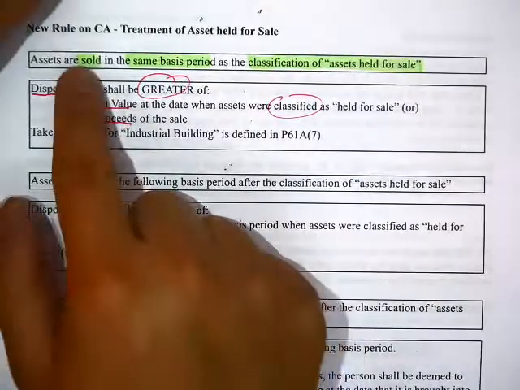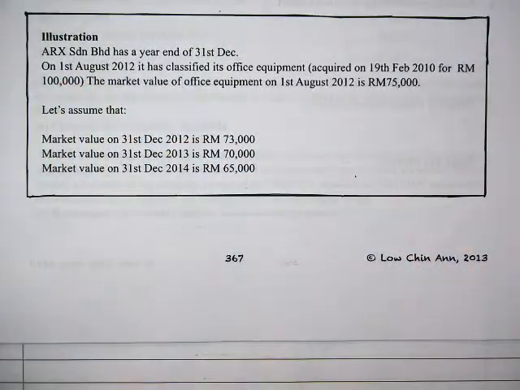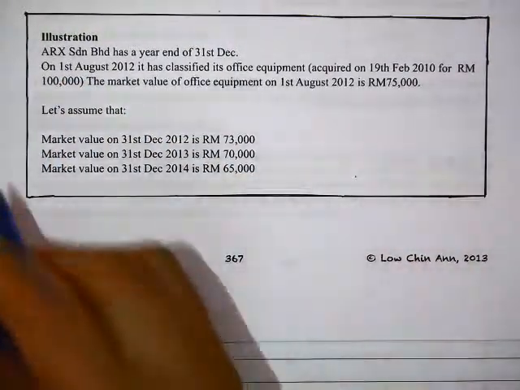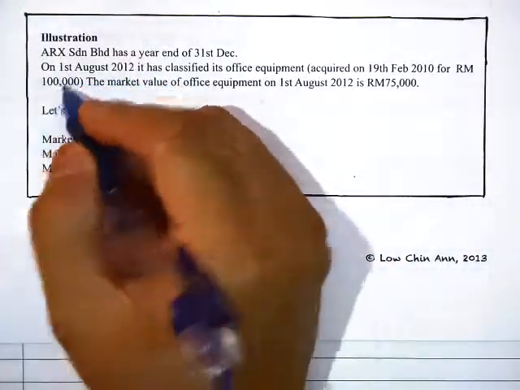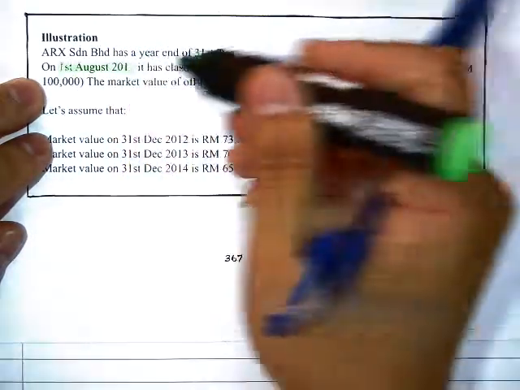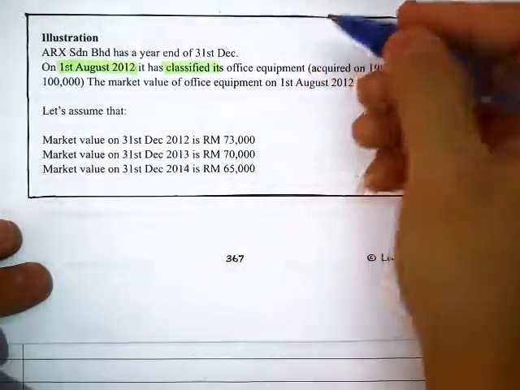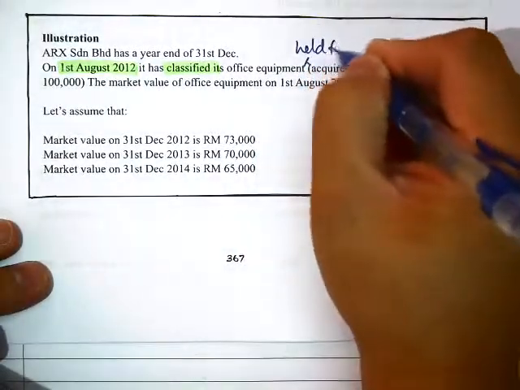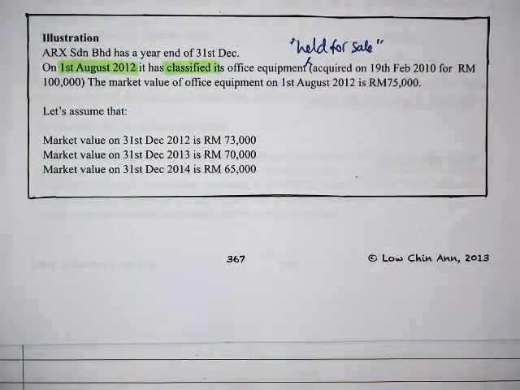If you sell them in the same year. Okay, so I'm going to use a short example here. Now ARX has a year end of 31st December. Let's say on 1st August 2012, it has classified, okay, this date is important, right? 1st August, it has classified its office equipment, being held for sale.